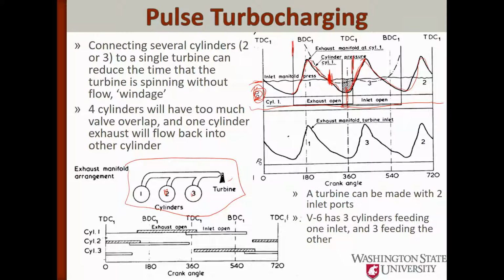Now, you may think, I have a V6 engine under my hood and I know there's only one turbo. Well, it's possible to feed 2 inlets to a single turbo. So you may have your fan and there's a single rotor, but you're feeding 3 cylinders to one side and 3 cylinders to the other side of this fan, so that there can never be cross flow from this bank of cylinders into the other bank of cylinders.